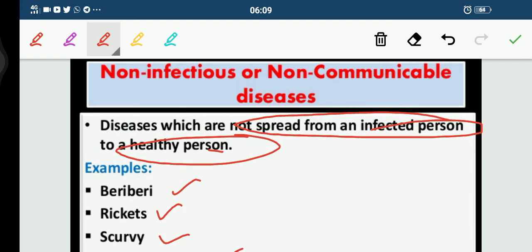So these are the diseases that are not communicable. Fine. Some cancers are caused by genetic abnormalities or by exposure to certain carcinogenic chemicals and radiations. And high blood pressure can be caused by excessive weight and lack of exercise. So these are the non-communicable diseases.